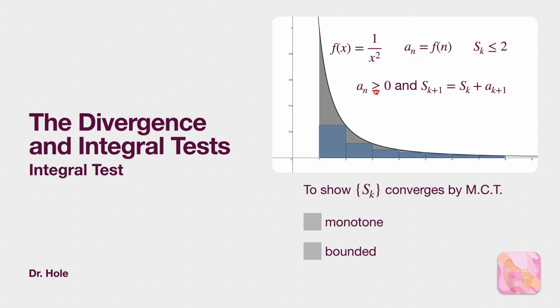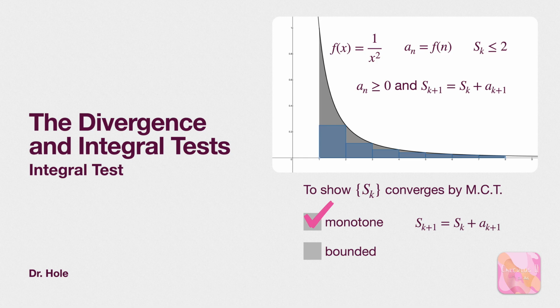We get that the sequence is of positive terms. Thus, when we have the kth partial sum, to get the next partial sum we're adding in a positive value, which means that the sequence is monotone increasing. So monotone increasing thanks to the fact that the terms are positive valued.